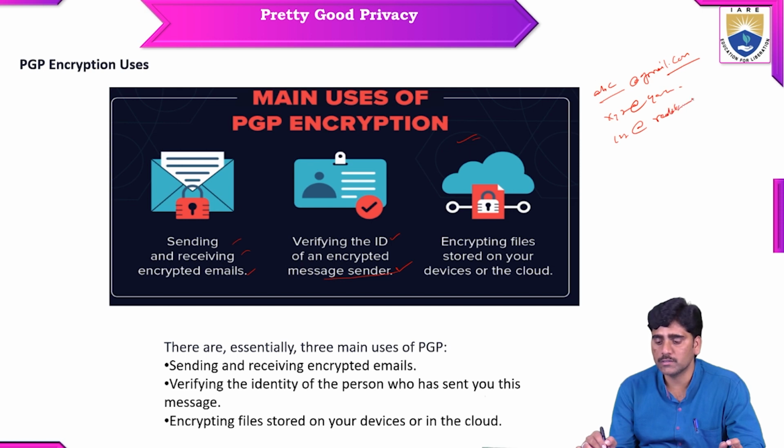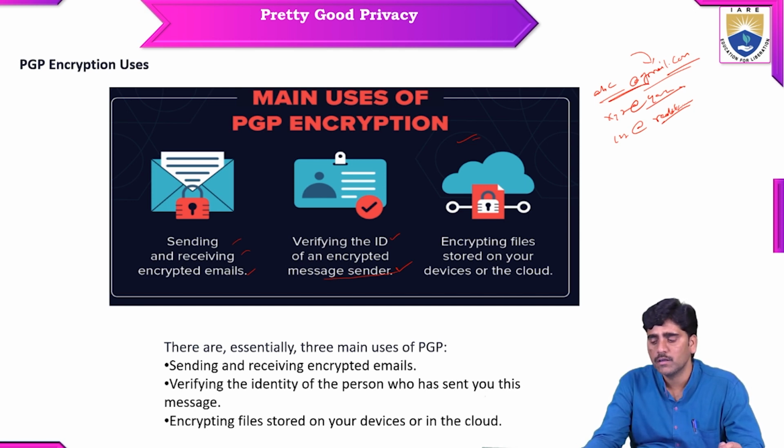These are all mails. From sender to receiver, the mails are forwarded. At this moment, the mail has to be verified. The ID of the encrypted message sender has to be verified.